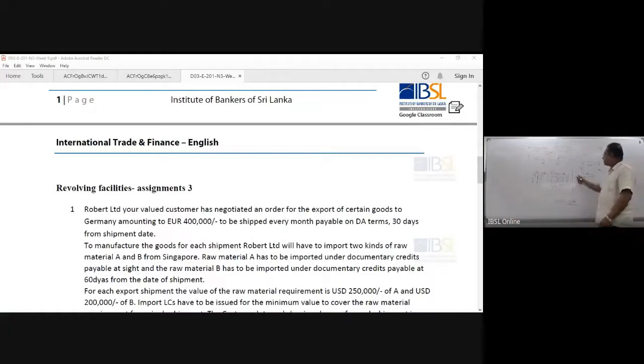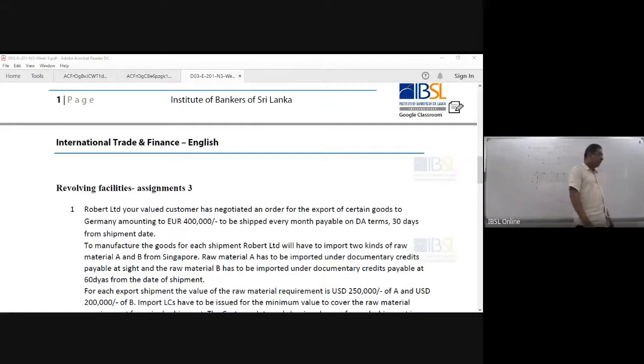Understood? Right. Now, it falls due for payment in 2 months, but however, bank will purchase export bills 4 months after the date of receipt of documents. Up to that point, you have taken down.